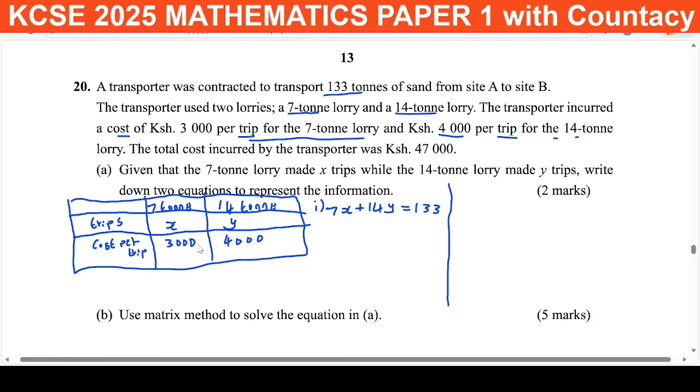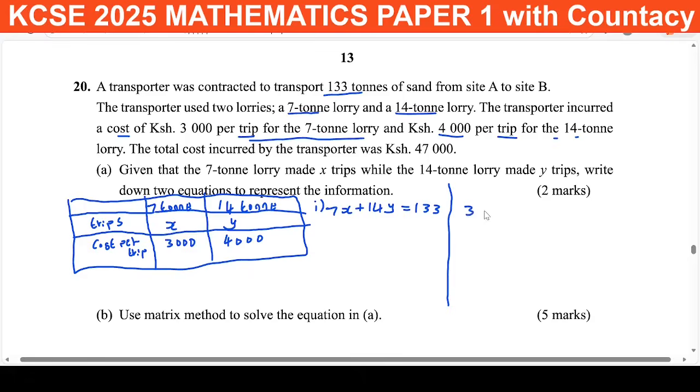Well, look at this very keenly. We are told something to do with cost: the cost per trip is 3,000 and the trips are X. Therefore, the total cost incurred by this 7-tonner is the cost per trip, which is 3,000, multiplied by the number of trips, and that would be 3,000X. Therefore, we write it down.